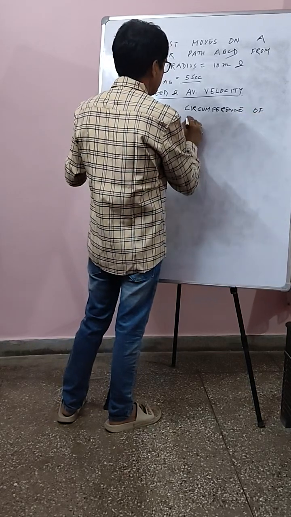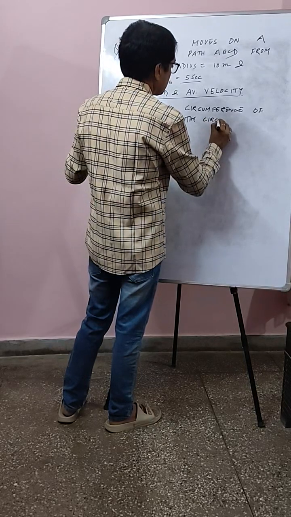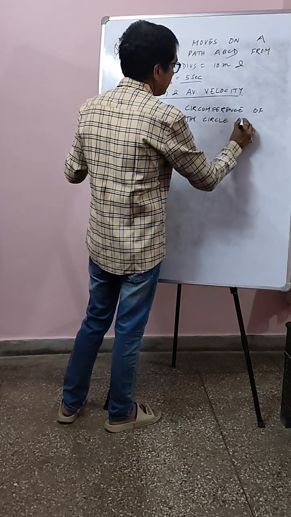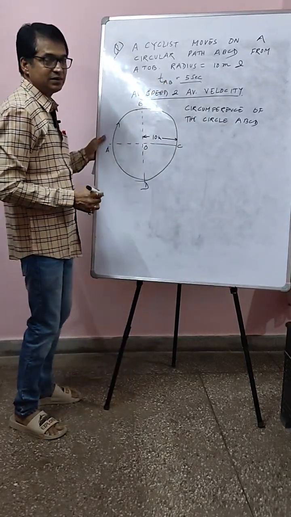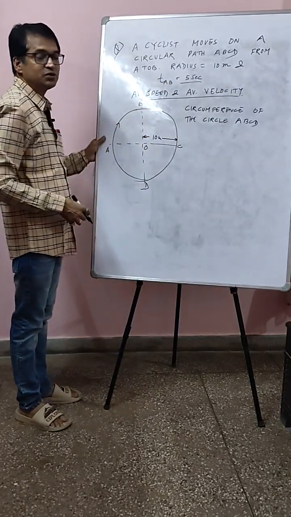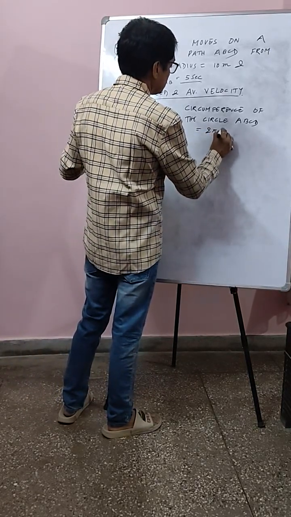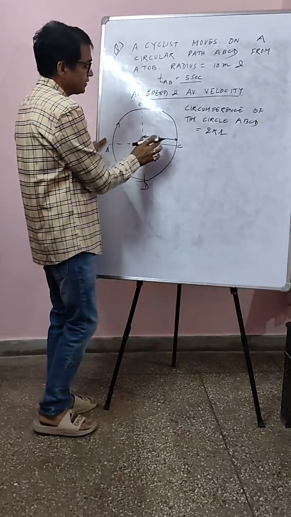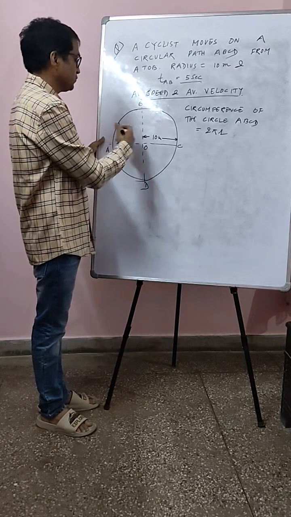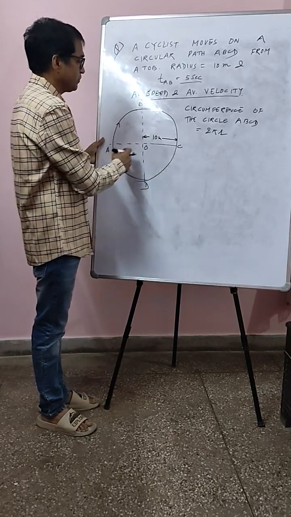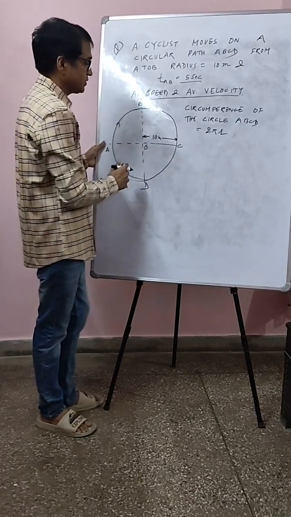What is the circumference of the circle ABC? It is obviously 2 pi r, where r equals 10 meter. Now we have to find arc length AB, which is 1/4 of the circumference of the circle.